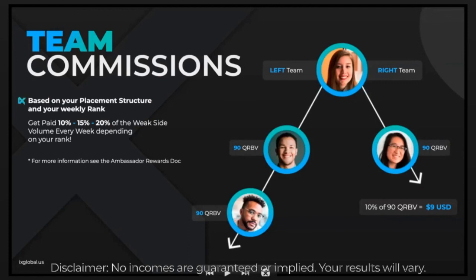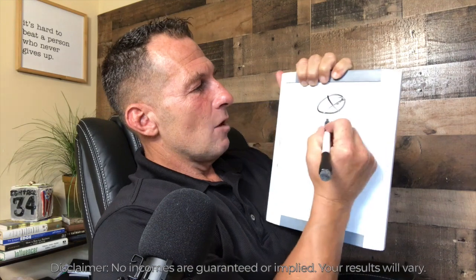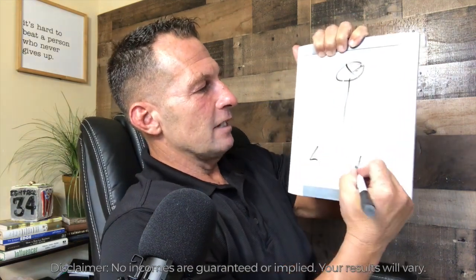We're going to draw it out in a second. And then a team commission. Most people call these dual teams, binary structured comp plans, whatever. Basically, this means you have the ability to build two teams. What's nice about these types of teams, and we're going to draw this one out, is that it's very simple. If this is you with the big X, you have a left team and a right team.